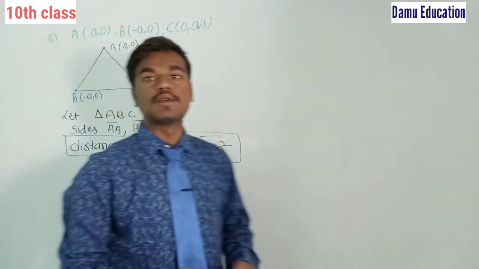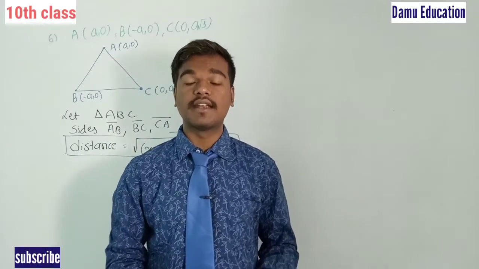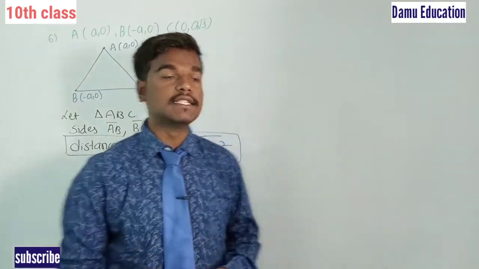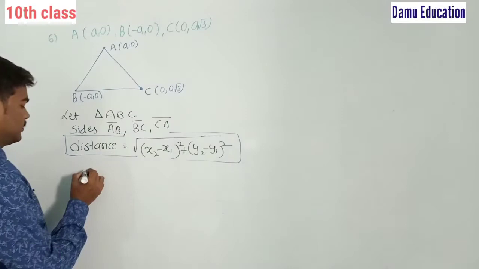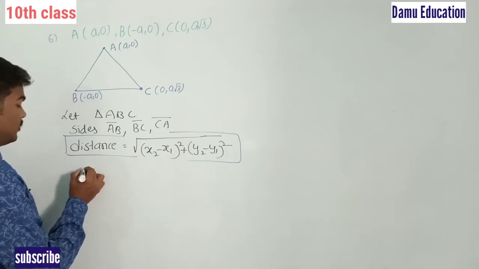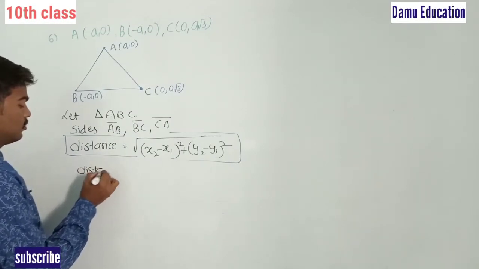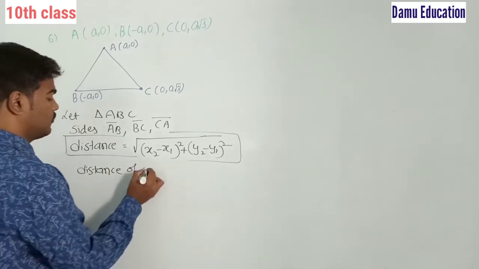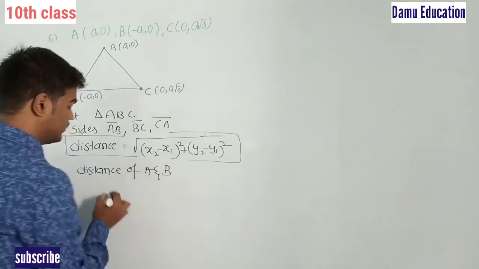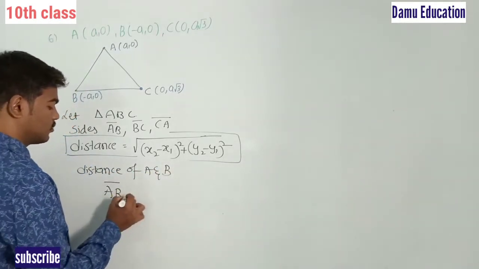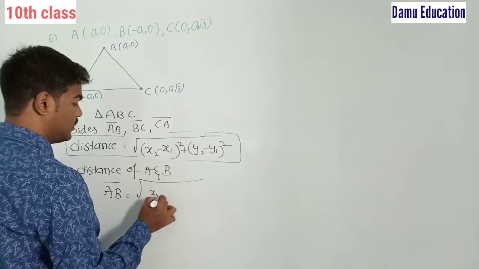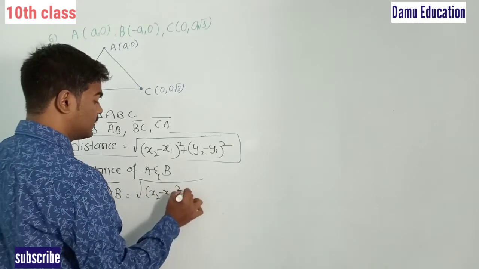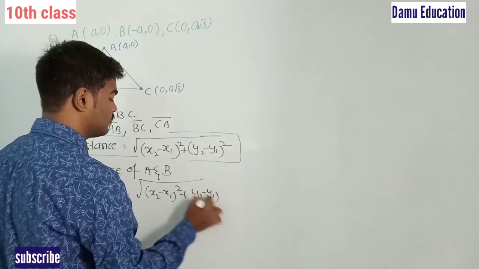So (x2 minus x1) whole square plus (y2 minus y1) whole square. Let's calculate AB, the distance of A and B. AB will be equal to the square root of (x2 minus x1) whole square plus (y2 minus y1) whole square.